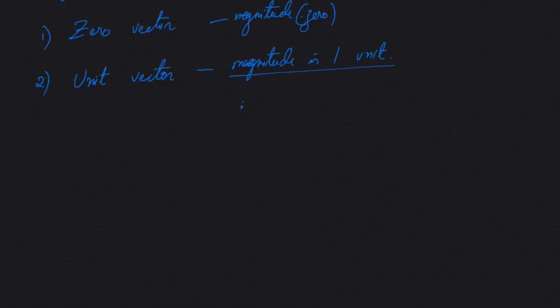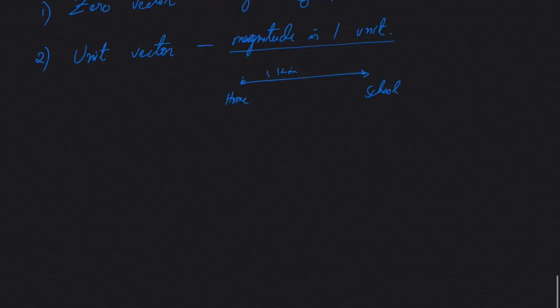For example, the distance of your school from your home is say 1 kilometer. Then this is my unit vector. But if the unit changes, if you change it to meters, that will be 1000 meters. So in that case, the unit vector will be 1 meter.